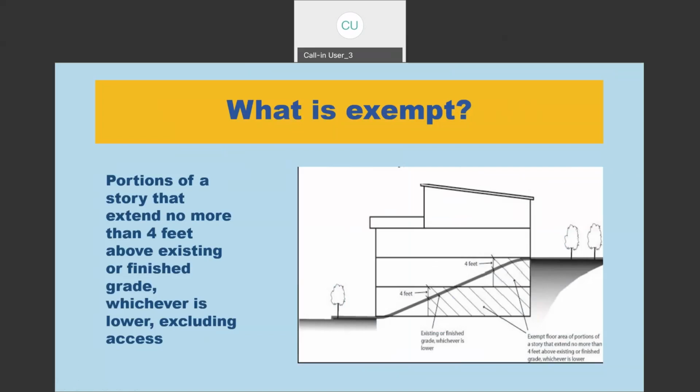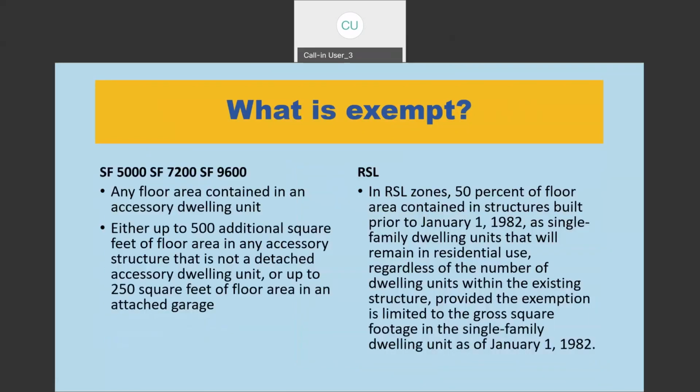That portion is exempt as well. And this also excludes access. So if you had a door that led down to your basement, we wouldn't count that for the FAR calculation. Or sometimes a garage door, those can happen too.